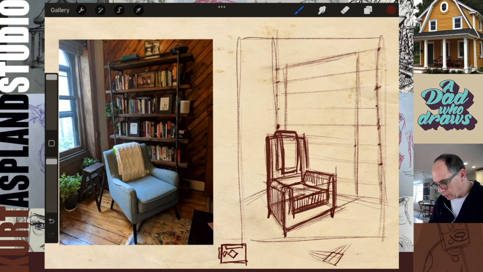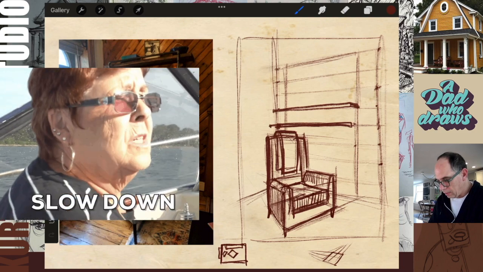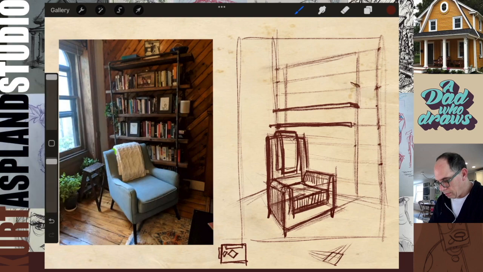So our shelf is going to come out just a little bit. That's going to be perfectly parallel. And then this is going to go back to this vanishing point. It's going to be a little bit taller here.